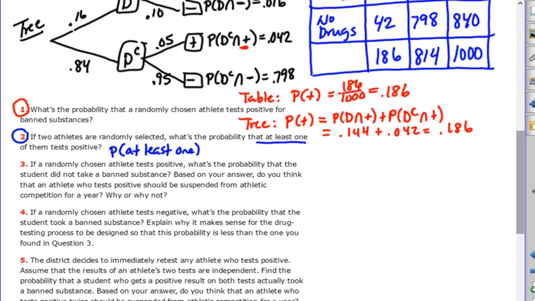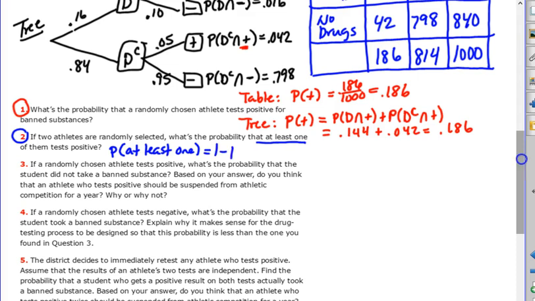And realize that when you select 2 people and you said 1 out of 2, it could be the first one or it could be the second one. So you have several cases here that you're looking at. So because usually there's several cases you're looking at, it's easier to think about what's the probability of not getting any of them that test positive, and then just subtract that from 1.